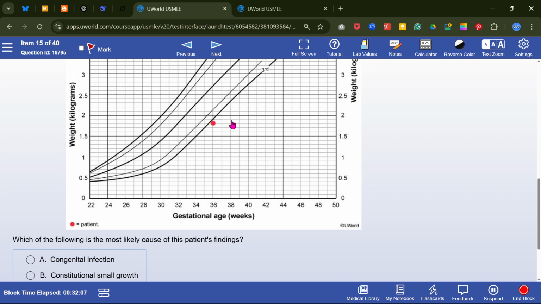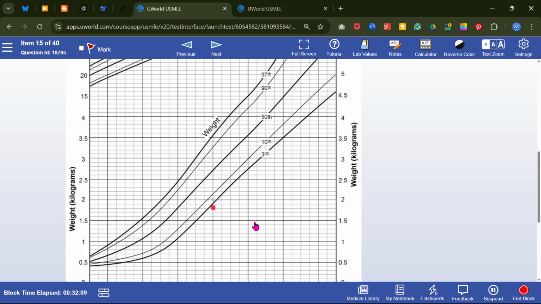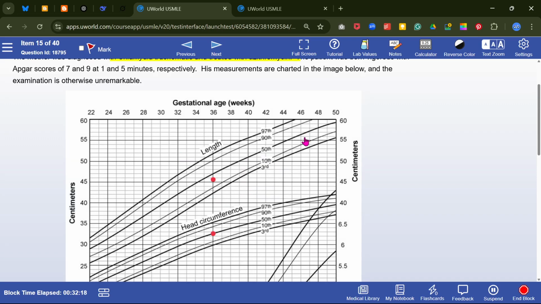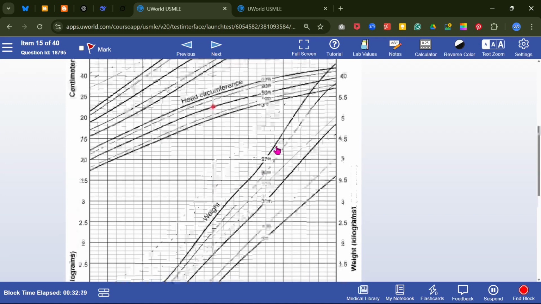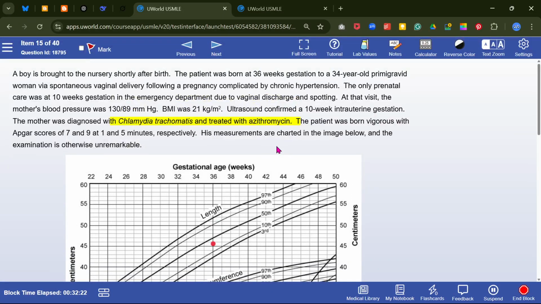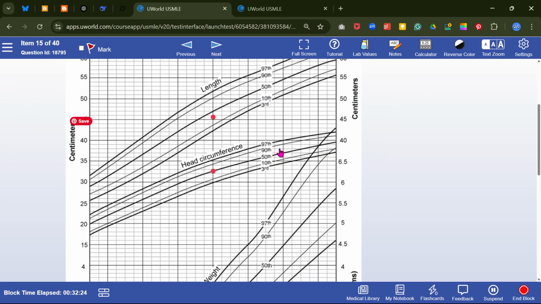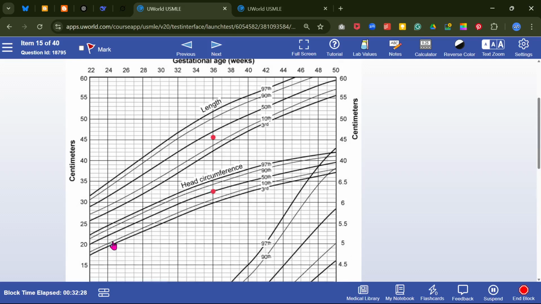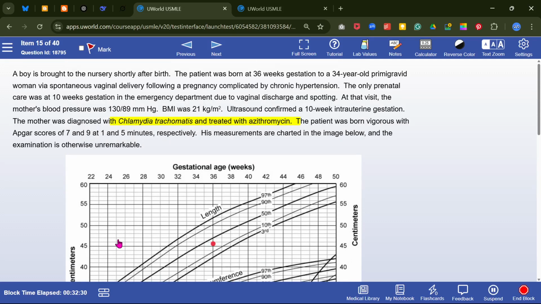Weight is low, below third percentile. Look at the weight. Circumference 50 and length is... there is only her mom.